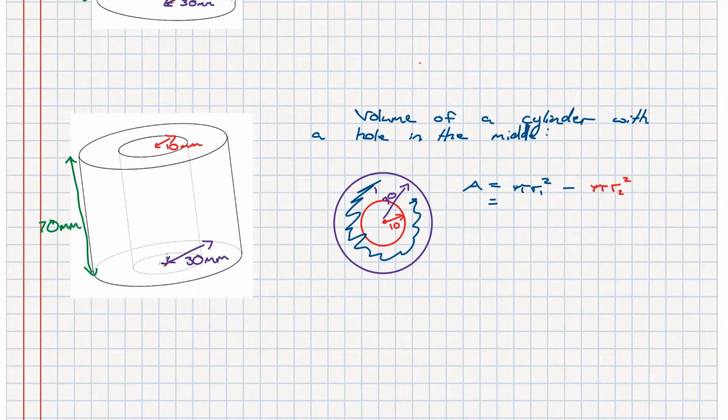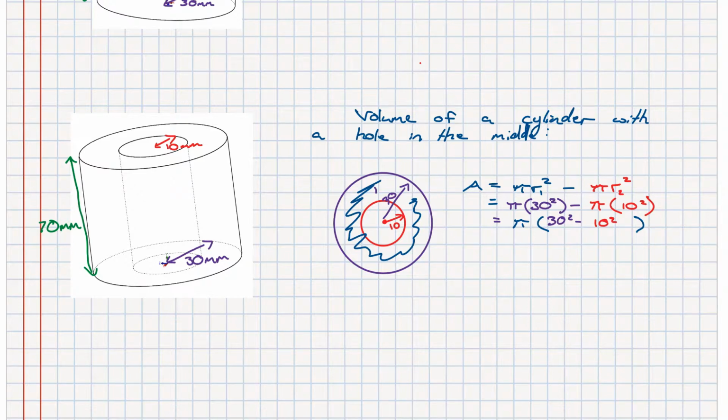Alright, so evaluating this, what we're going to find is pi 30 squared take pi 10 squared. Doing some factorization and taking out the pi, we find it's pi times 30 squared take away 10 squared.